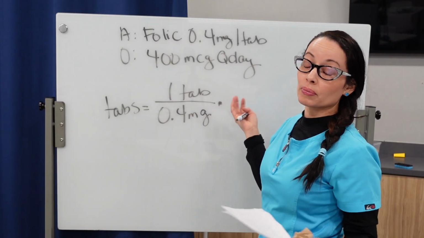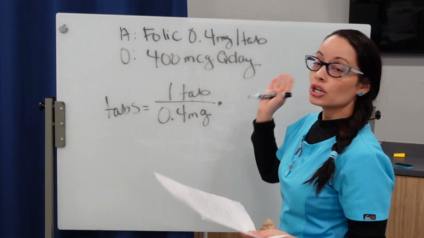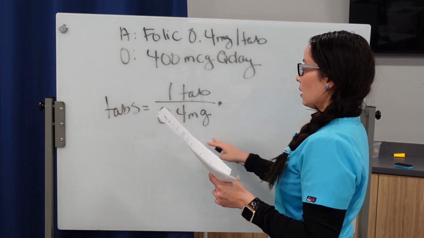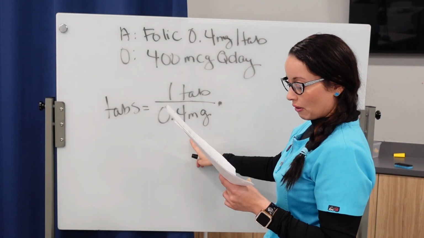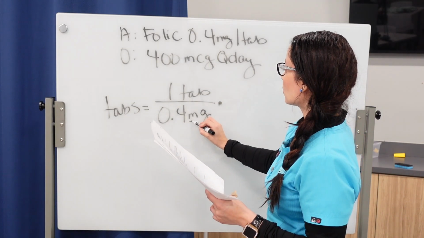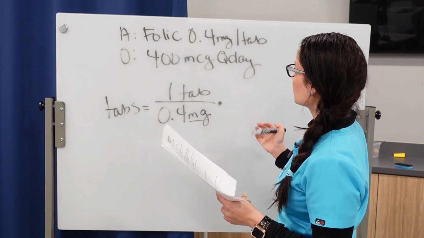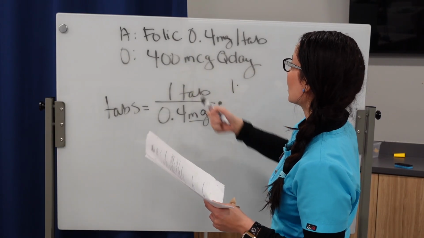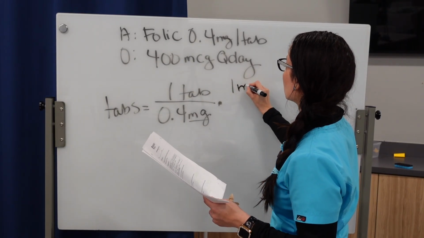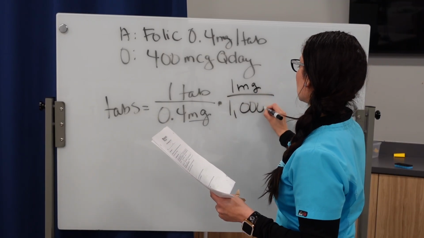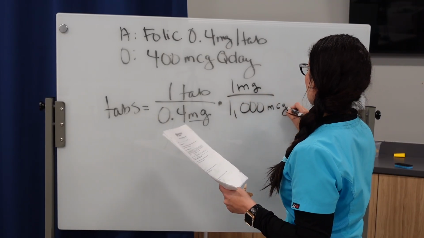I'll show you dimensional analysis, how to convert within the problem. Sometimes I will convert before, because all it is is you move the decimal point 3 places, but let's just do it dimensional analysis. Okay, so 1 tab has 0.4 milligrams. Now, whatever's at the bottom goes up top. So we need a conversion because we have no more milligrams. So 1 milligram is equal to 1,000 micrograms.